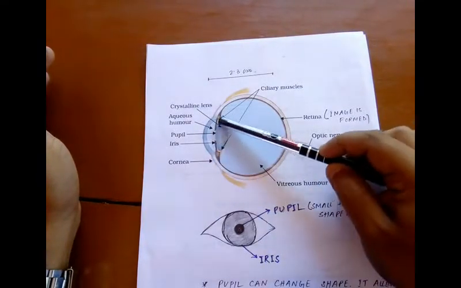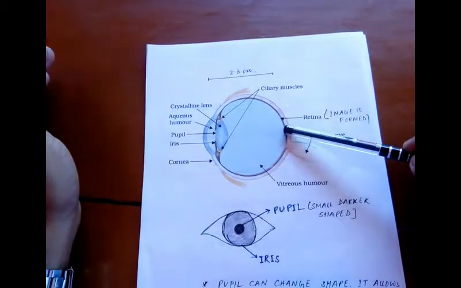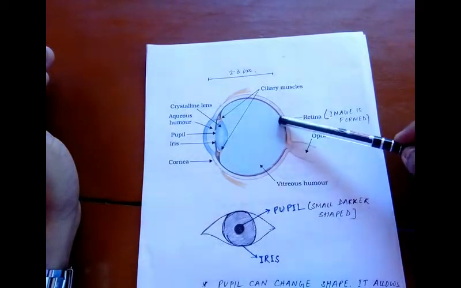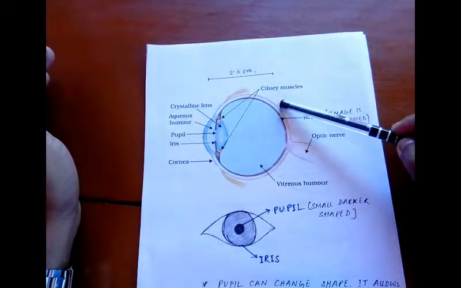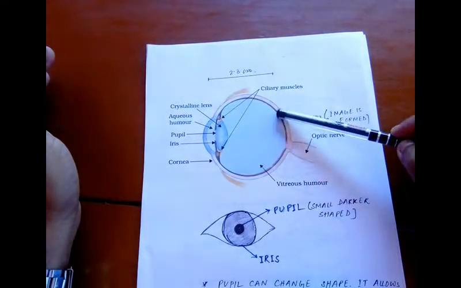So always what happens is that light enters through the cornea, and it enters through the pupil, and the crystalline eye lens will create an image here. The image will be formed in the retina. And what is the retina? The retina is a very delicate membrane, and it has a number of light sensitive cells.